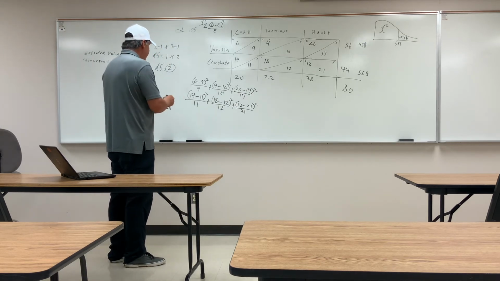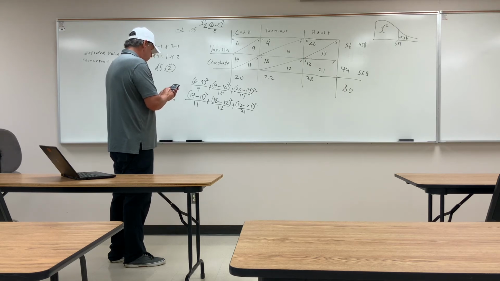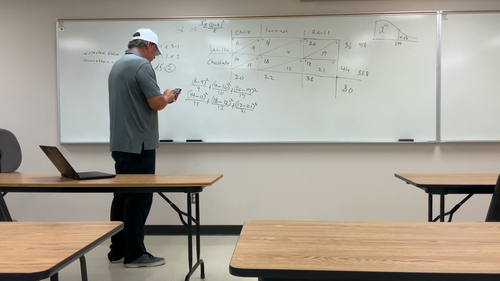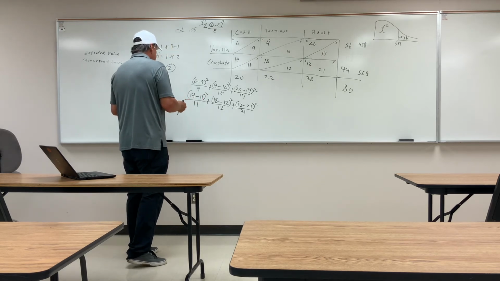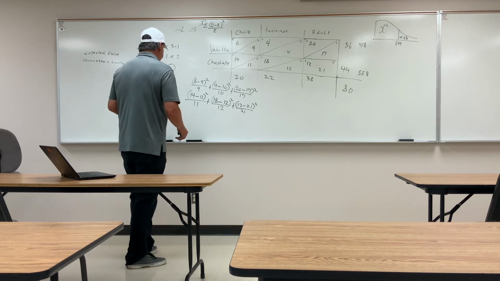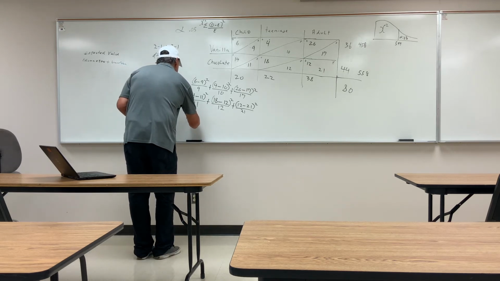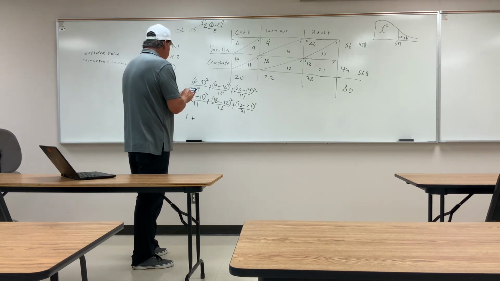So let's start with 6 minus 9. That's going to be equal to negative 3. So 3 squared is 9, and then 9 divided by 9 is 1. So we'll go over here to 4 minus 10 equal to negative 6.